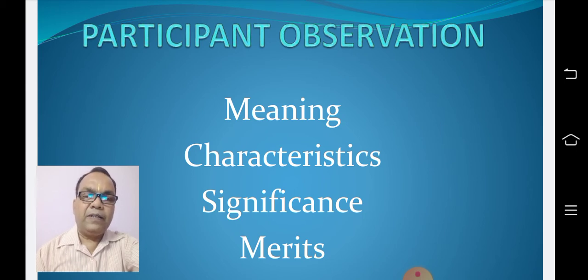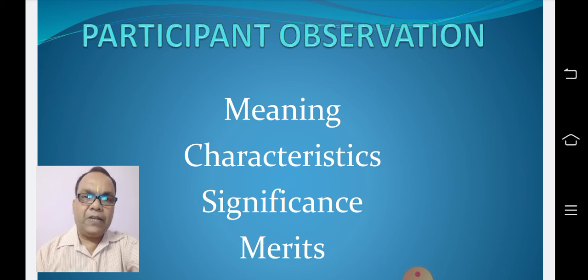Simply speaking, when a study maker, a researcher, a social scientist observes the social phenomena, observes any problem by being present physically, personally in the study area, and by participating in the activities of the members of the group in consideration in order to understand the problem, such a type of observation is called participant observation.